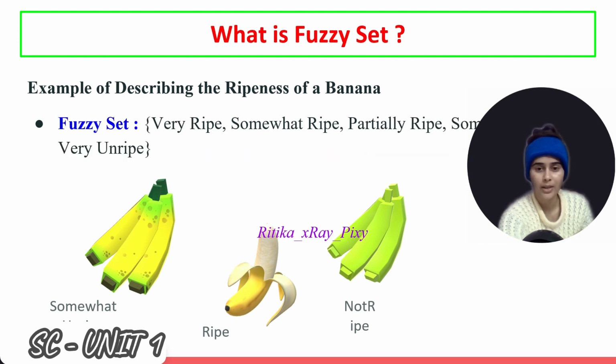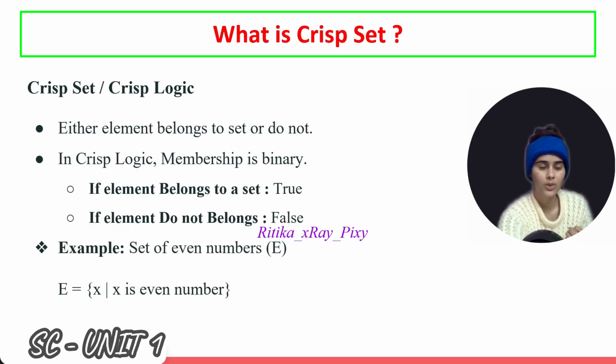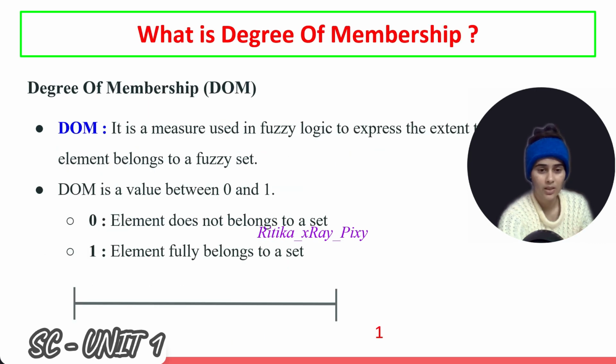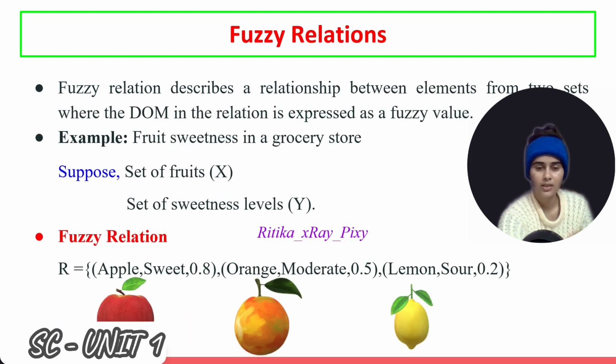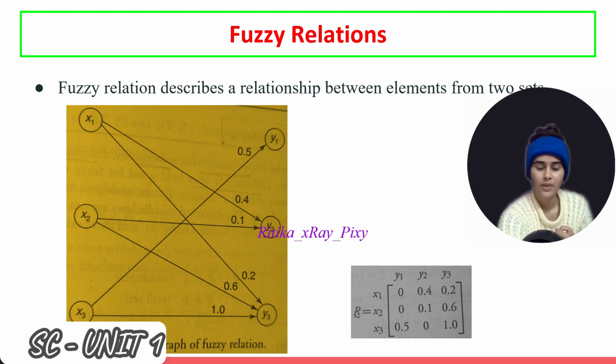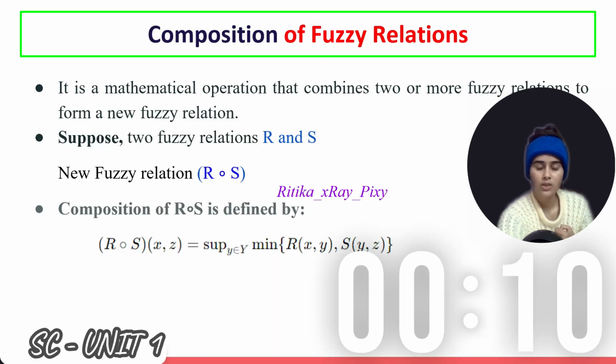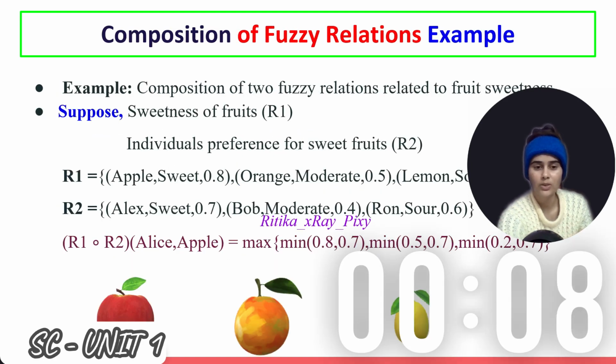We will try to understand this using example. Then what is crisp set, degree of membership, then fuzzy logic operators, fuzzy relation. Then we will try to understand fuzzy relation using another example. And next we have composition of fuzzy relation.